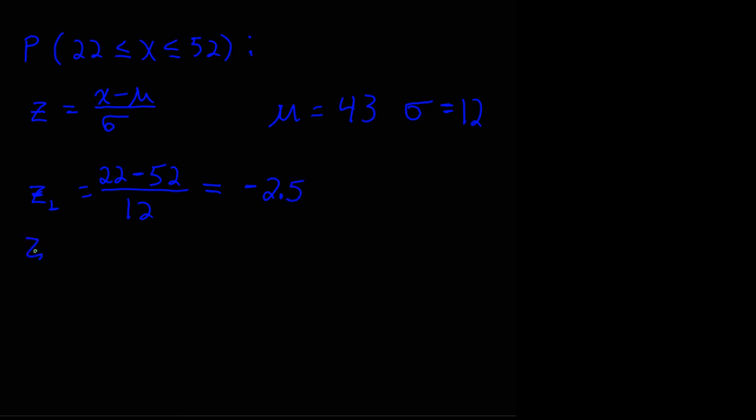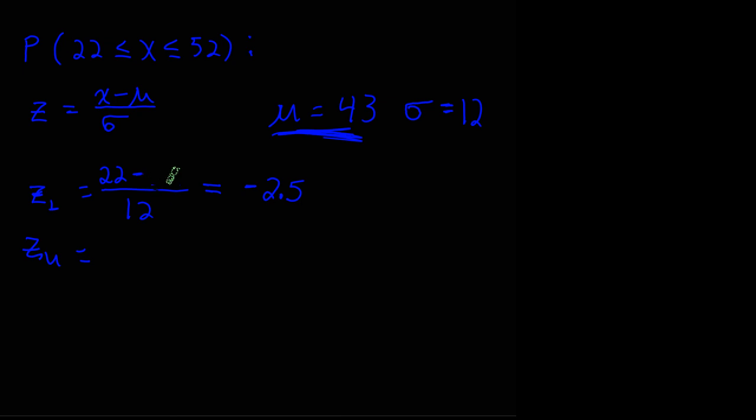And then the z-score for my upper region. Whoops, why did I put 52 in there? I need to subtract by mu. That should be 43. I was going to say that looked a little big. Let me get my eraser out. Yep, there we go. Let's fix that.